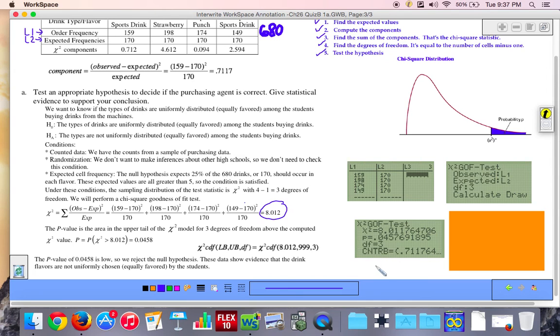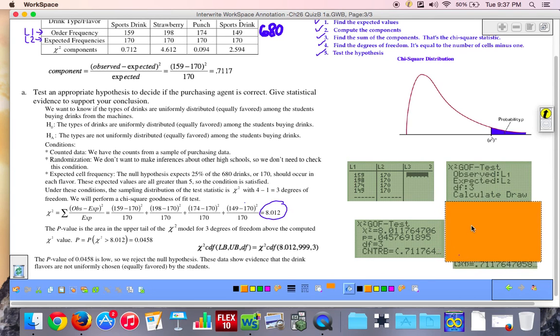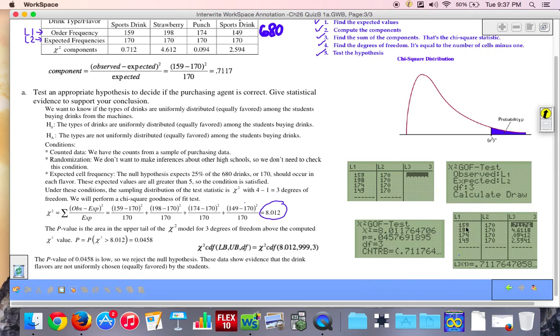Okay. And if we hit enter and enter again, we get something that looks like this in our calculator. I'm getting better, I'm not deleting the wrong things. Okay, and these are our individual components, and this is going to be very important to us in the next question. So just keep this in mind when we do question 1B. Okay, these are the individual components which we calculated earlier on in our problem.